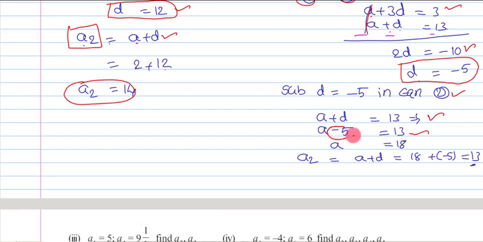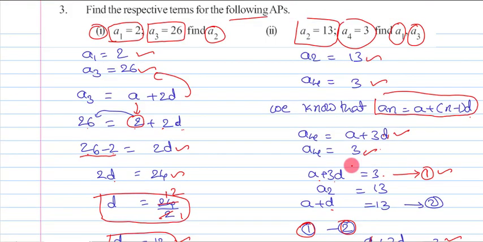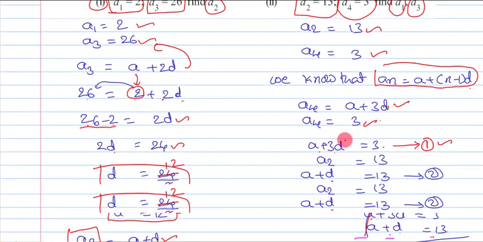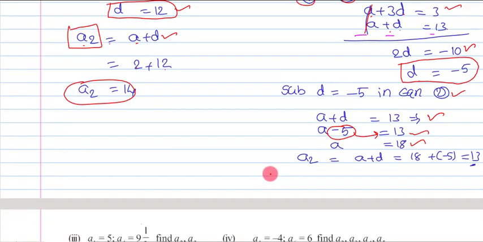Why? Because I am transporting this negative 5 to the other side, you get a positive. So you get A is equal to 18. Then what else do we need to find out? The second term, 13, is already given, and we need to find the third term. So what is the third term formula?